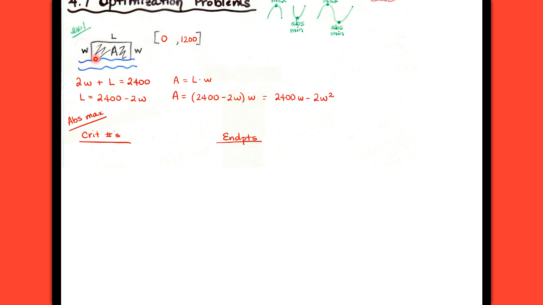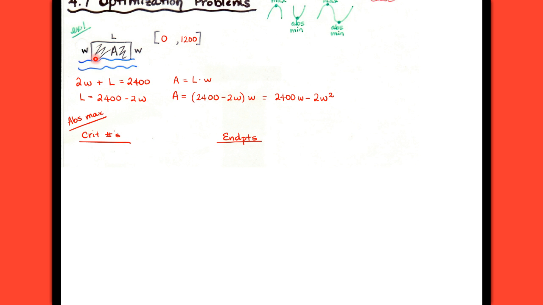But remember, for AP intents and purposes, if you are working on a closed interval, you must show that you considered those endpoints to pick up. If that portion of the FRQ is worth 3 points, you're going to lose 1 point if you don't show that you considered the endpoints in terms of your absolute maximum and minimum. Okay, so even though we know that that's a ridiculous scenario and it would give us an area of 0, we are going to need to consider that in our final answer for that reason.